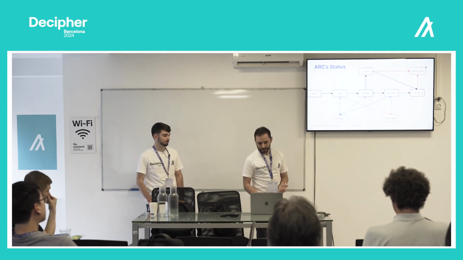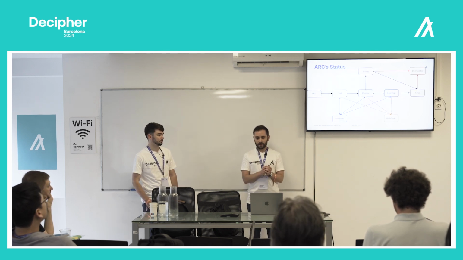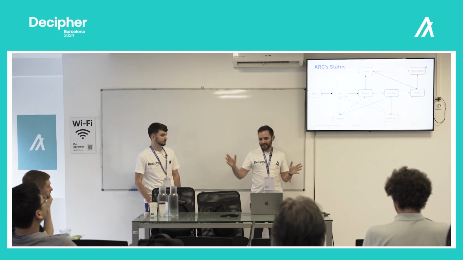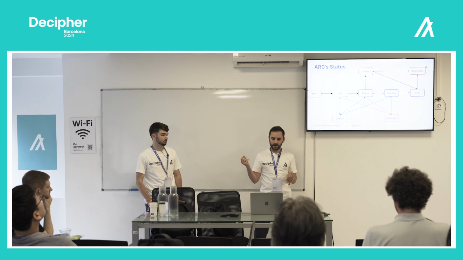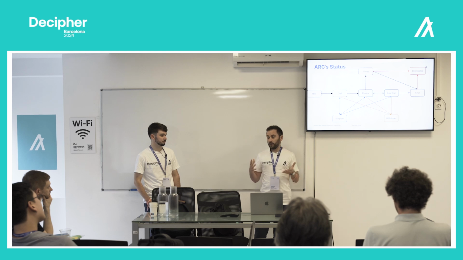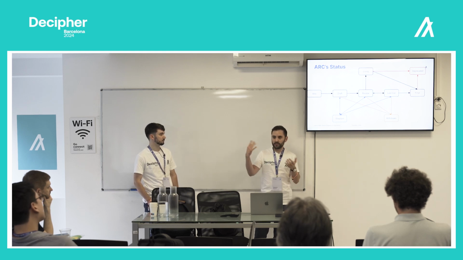So how does it work? You submit your idea. You can have a bunch of stages, but at the end, you need to be either final or living, depending on what you want to do. A living ARC might be, for example, ARC 0, which explains how to submit an ARC.